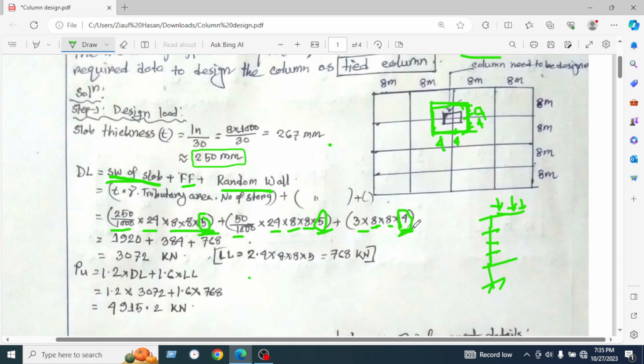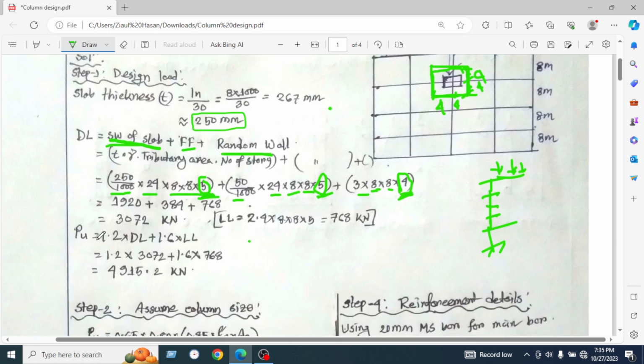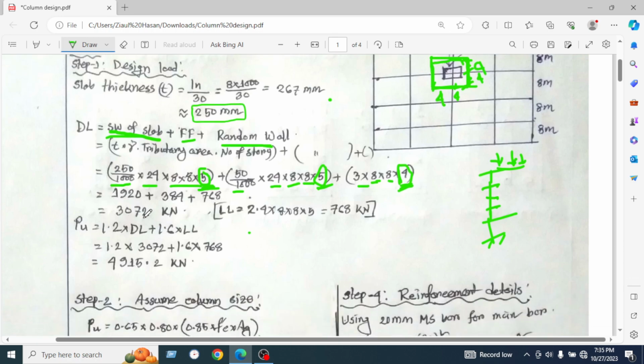That's why we will use 4, and we will get 3072 kilonewton.